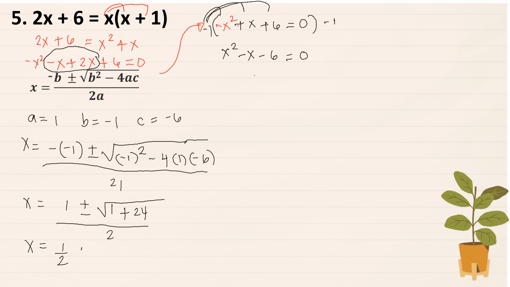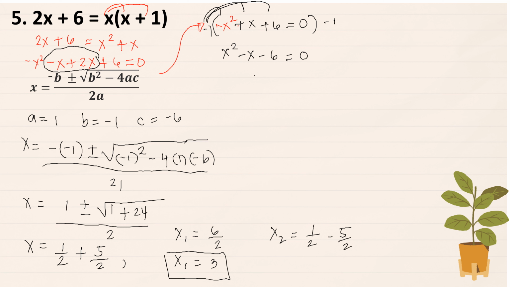And this will be x is equal to 1 half plus minus the square root of 1 plus 24, which is the square root of 25. But the square root of 25 is 5. So to further simplify for our x sub 1, we have 1 plus 5 is equal to 6 over 2. Thus, our first x is 3. And our second x will be coming from 1 half minus 5 halves.